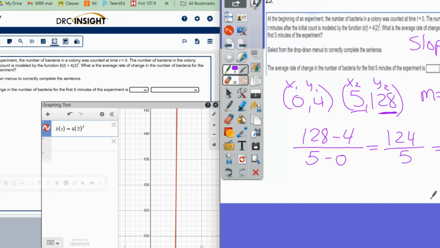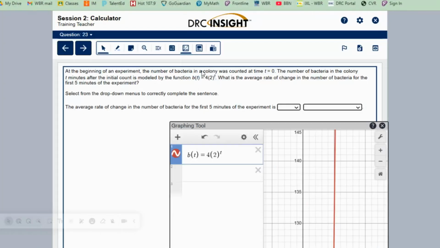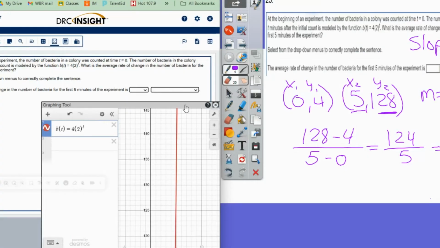When it's talking about the change in y over the change in x, y is representing the number of bacteria, x is representing your time, okay? So the way that it's changing here, let's look at our drop downs. In the first 5 minutes, we said that it was, let me split that because I can't see it very well.